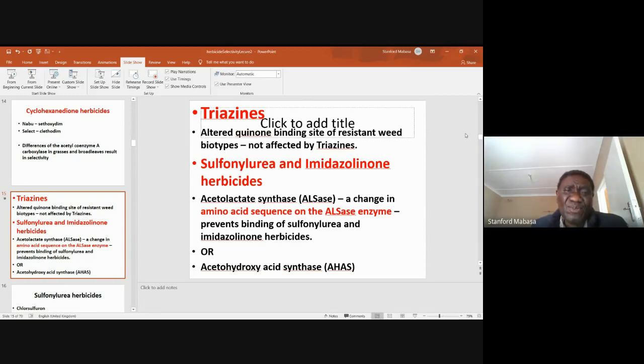Then we move on to sulfonylurea and imidazolinone herbicides. Again, we have got an enzyme which is known as acetolactate synthase, or in short, ALS.